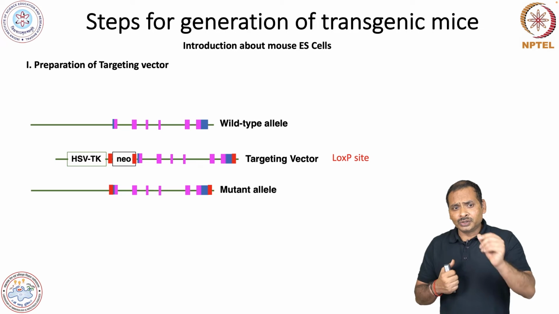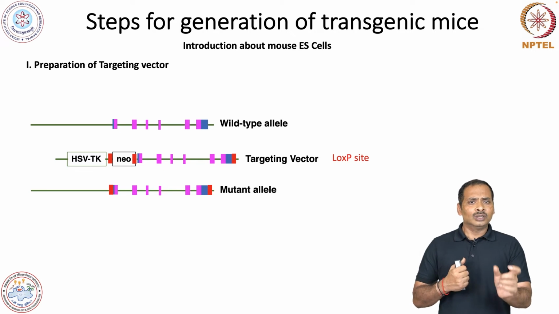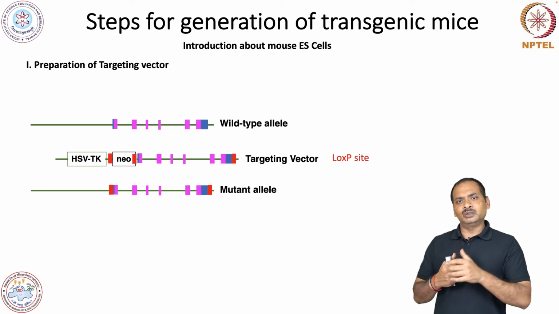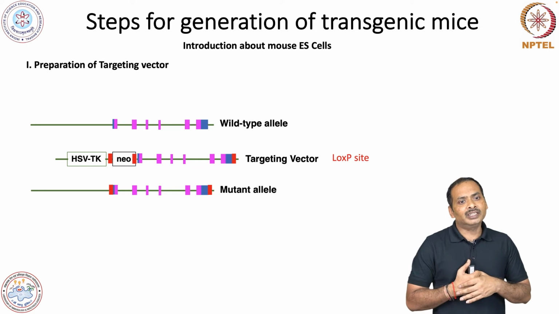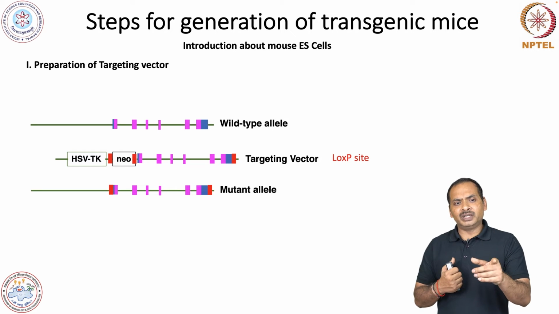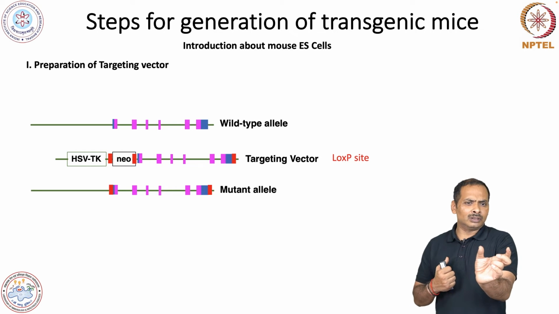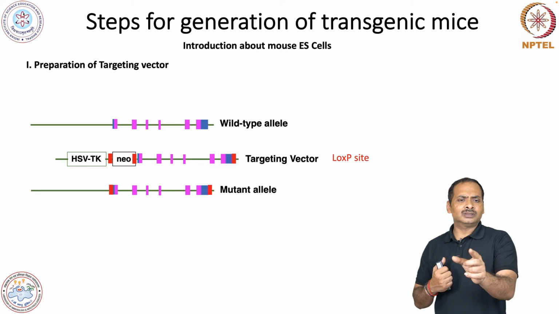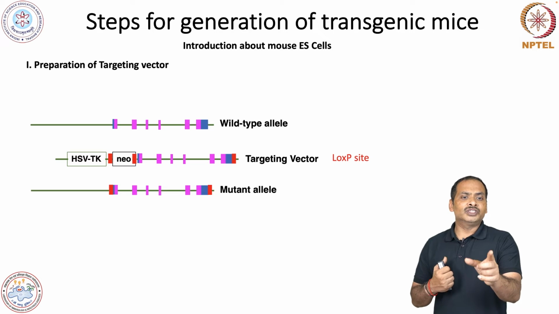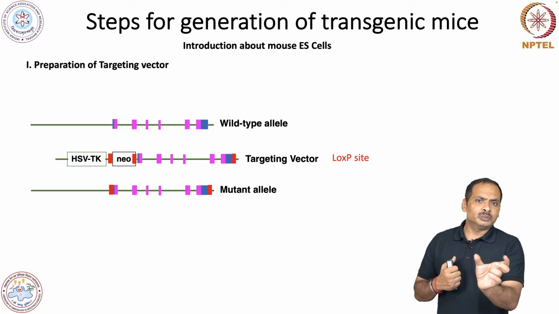So when you introduce the Cre enzyme, there will be several possibilities. One possibility is that only the neomycin cassette will be chewed off. Another possibility is that the region between the 5 prime end of neomycin and the 5 prime end of this gene will be chewed off.